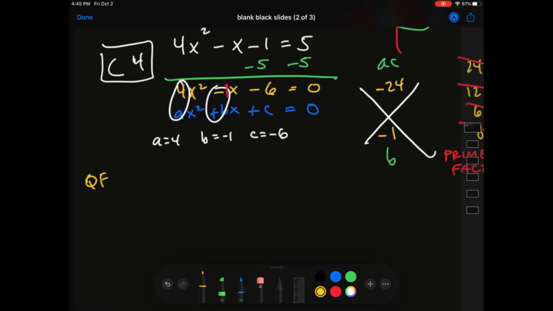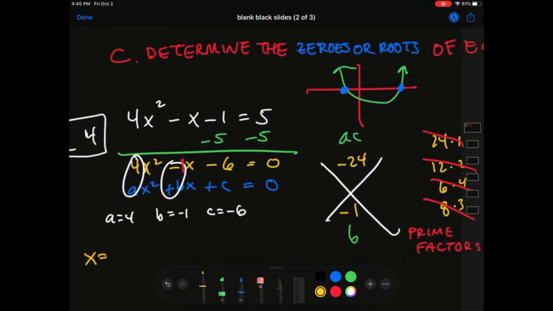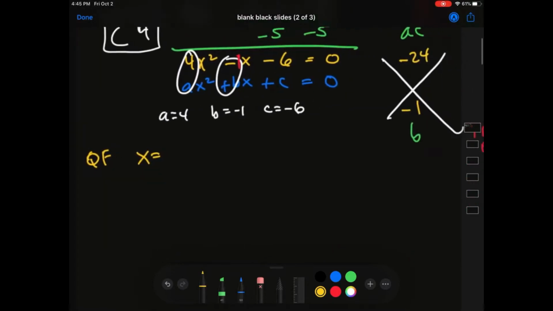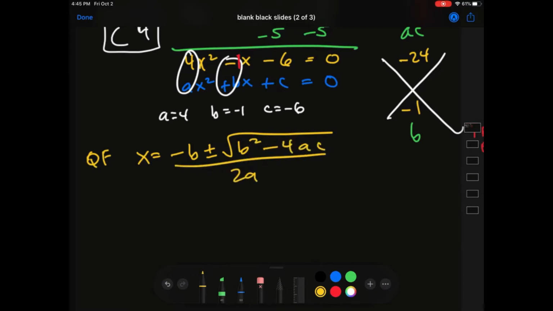Quadratic formula always works. What is the quadratic formula's purpose? It is to solve for x. Remember those blue dots up here. Let me sing a song. X equals negative b plus or minus the square root of b squared minus 4ac all over 2a. Did you like that?